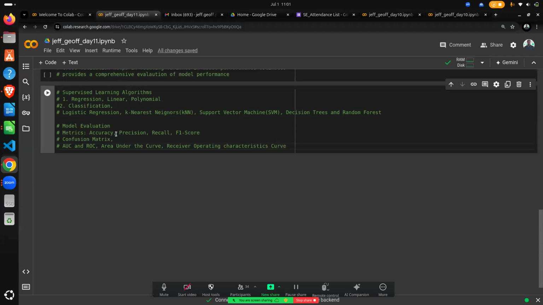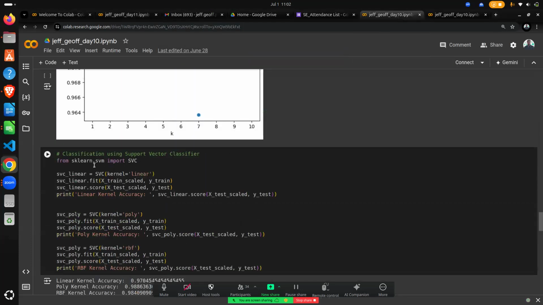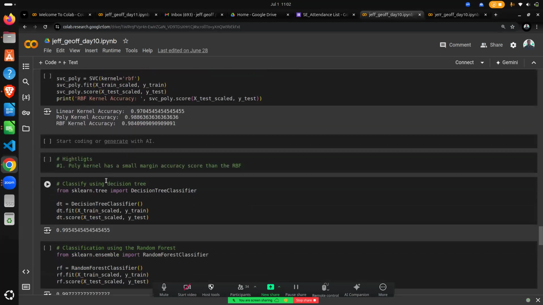Okay, so this is how you do your evaluation. Using accuracy, precision, recall, and F1 score, and basing on that, you can tell us that, okay, we have picked the random forest because its accuracy is higher. When you look at what we did in day 10, we have the support vector machine, or the classifier, which had the kernels.